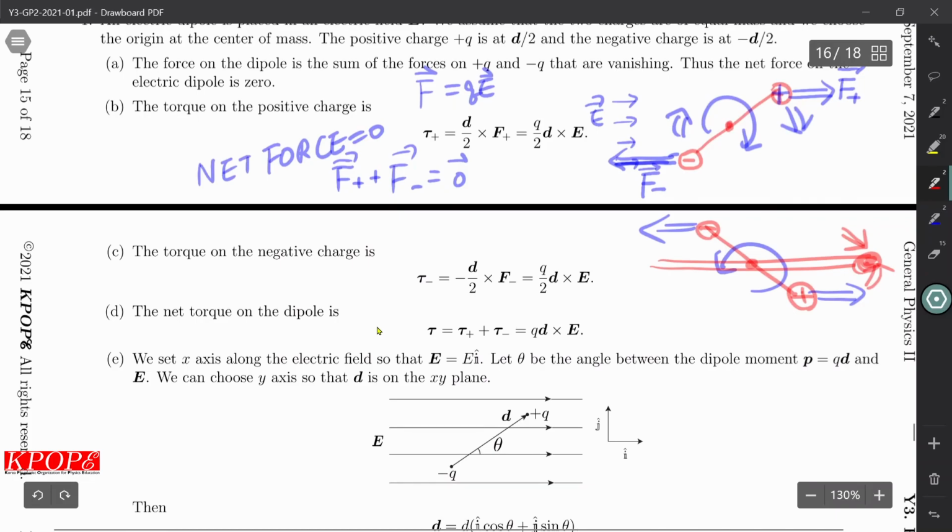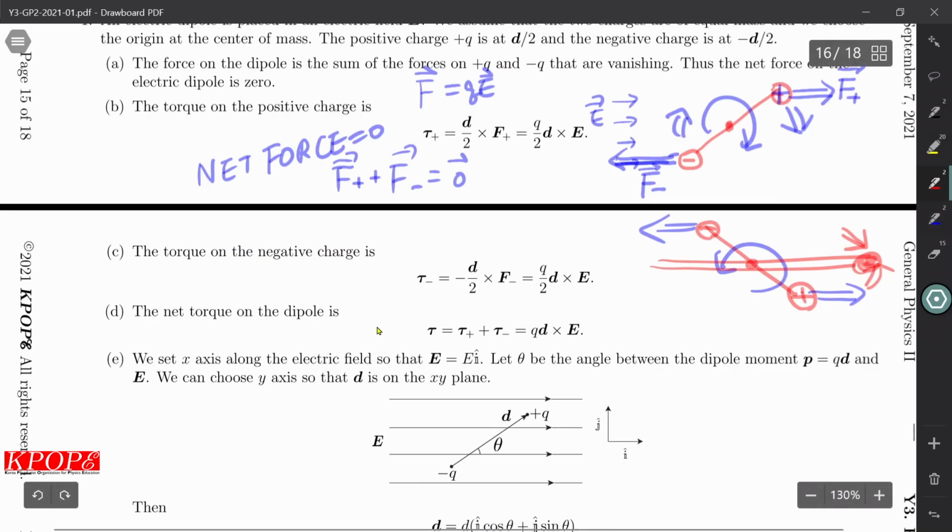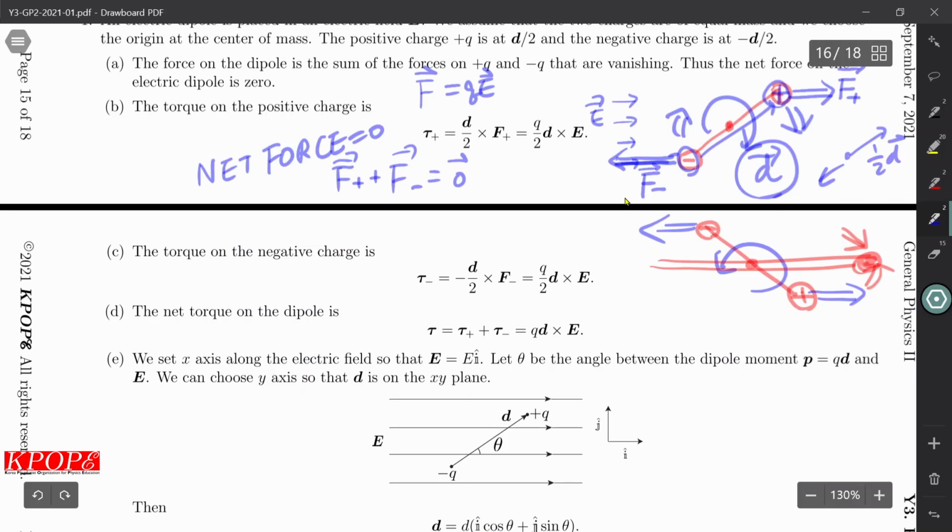Thus, the torque can be computed in this way. We remember this is d, the displacement vector from the negative charge to the positive charge. In that case, the torque can be computed separately, with 1/2 d and minus 1/2 d.